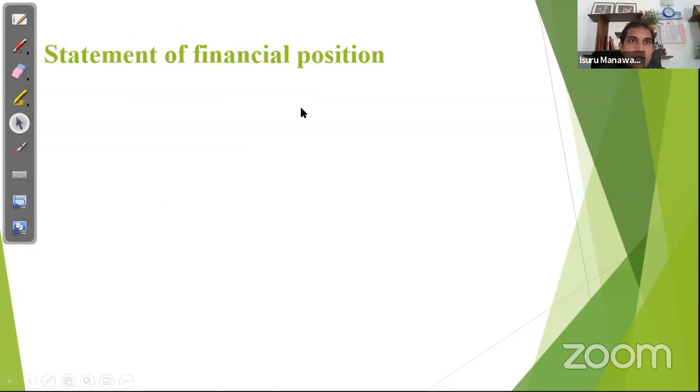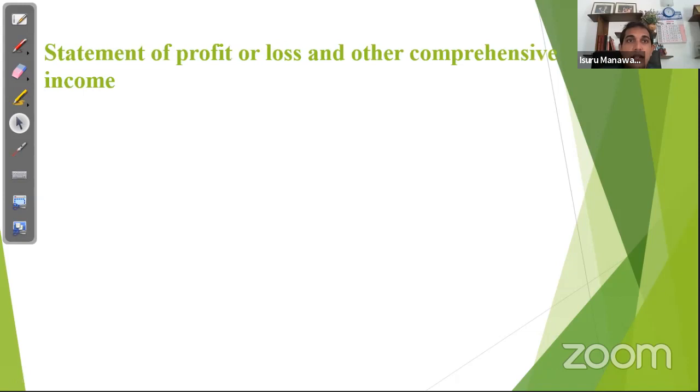Moving on. Already I have mentioned the things that we include in the statement of financial position. Simply, we can say assets, equity and liabilities. In the statement of profit and loss, income and expenses need to be shown. We need to comply with the guidelines given by LKAS 1, right? LKAS 1 has mentioned a tentative format. There is no hard and fast rule in the format, but we need to comply with that when we prepare these statements.